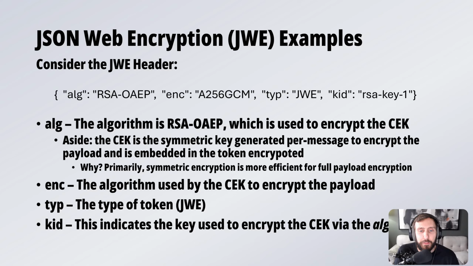So efficiency is the big argument here as to why that is split up, instead of just having your asymmetric algorithm do all of the encryption and decryption of your actual payload.